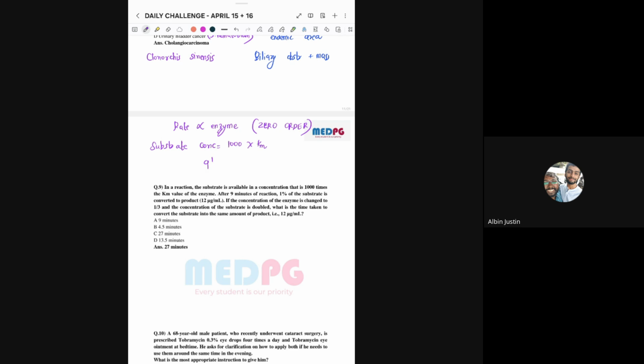The enzyme is decreased to 1/3, so the rate becomes 1/3. As rate decreases, time increases to 3 times. So the new time is 9 into 3, which is equal to 27.